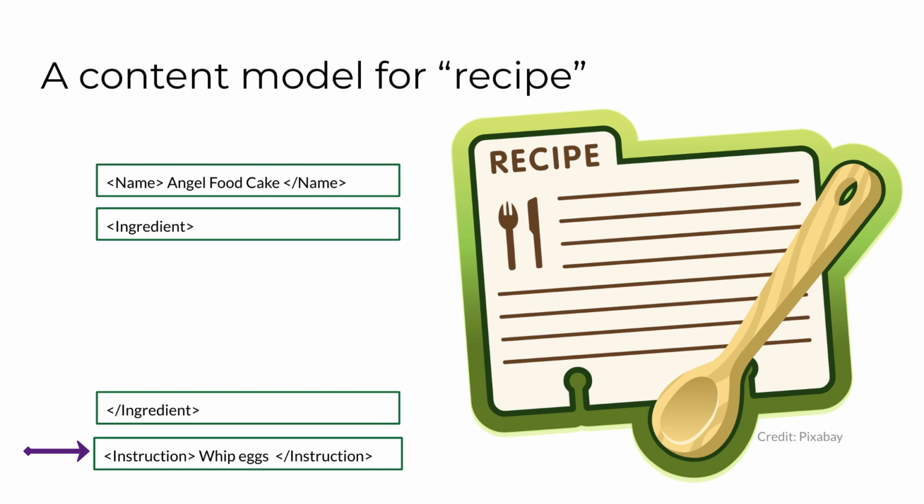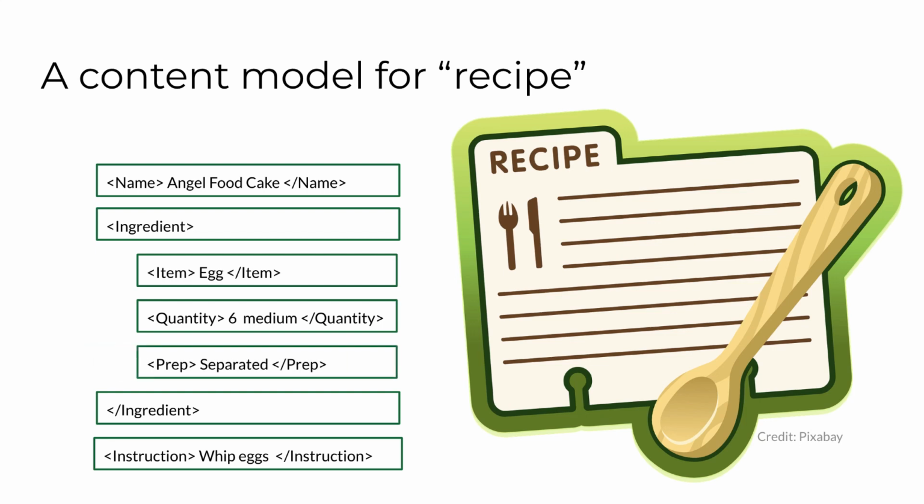And maybe also that instruction elements must always come after ingredient elements. We probably need more elements to accurately tag ingredients, like item, its quantity, its preparation. We can decide that every ingredient must have content inside the item and quantity tags, but make preparation content optional.